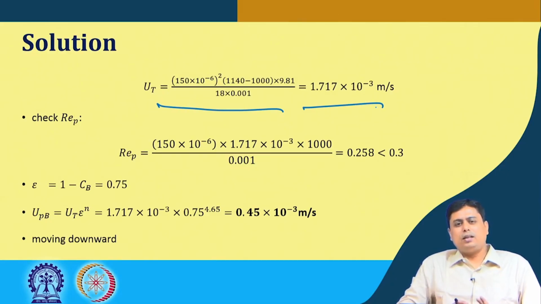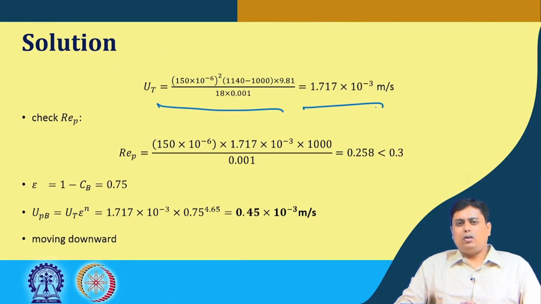In this case, the CD versus Rep squared curve or the CD by Rep information is not given here. So, that is why we have initially assumed that this operation is happening in the Stokes law region, then we can calculate the single particle terminal velocity.